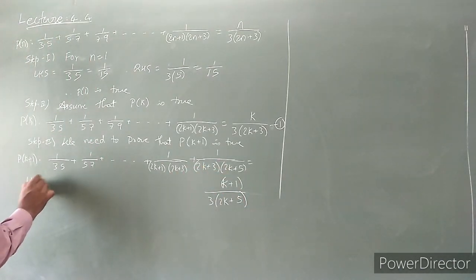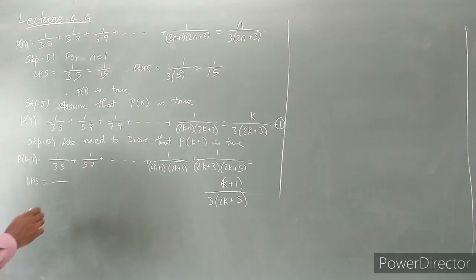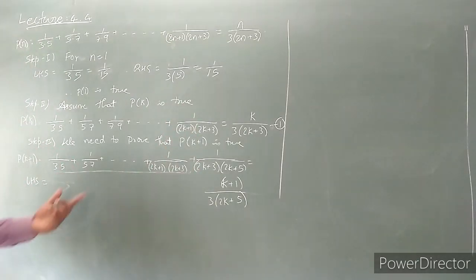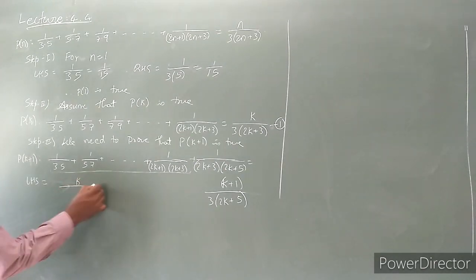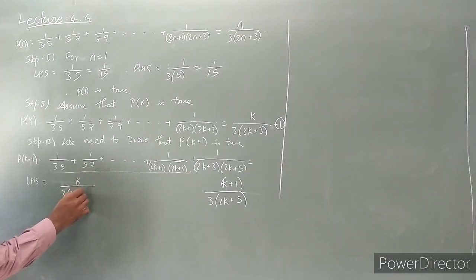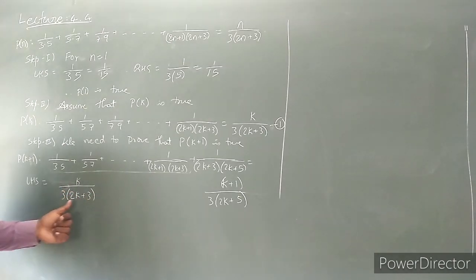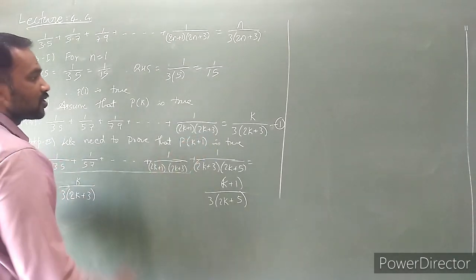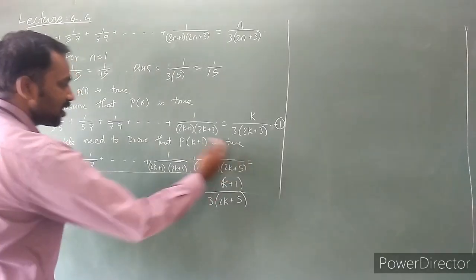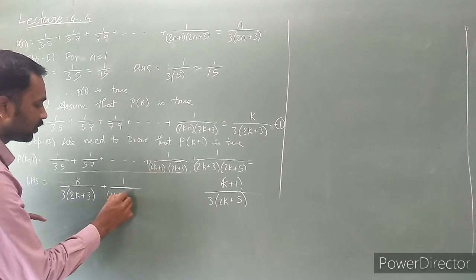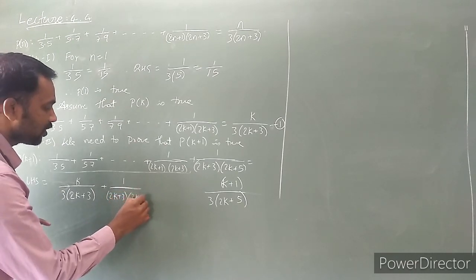Consider the LHS value. This sum can be replaced from equation number 1: k divided by 3 into 2k plus 3. Remaining term, write it: plus 1 divided by 2k plus 3 into 2k plus 5.